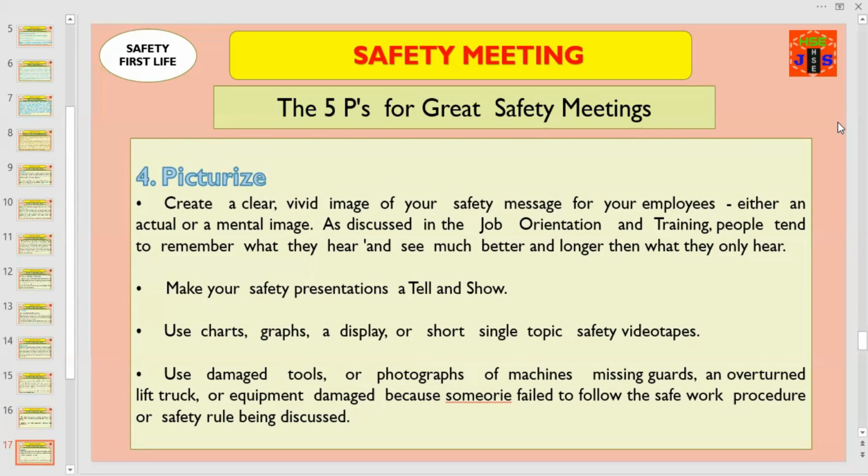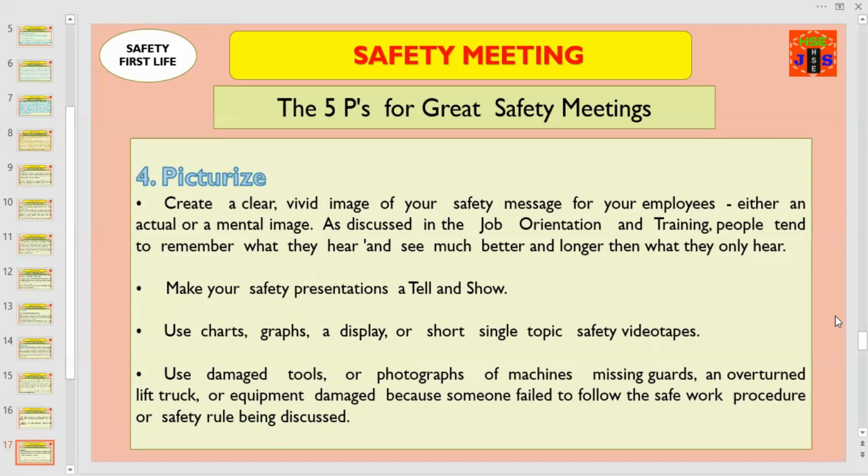To make your safety meeting successful and effective, you have to make your safety presentations a talent show by using charts, graphs, a display, short single topic safety videotapes.